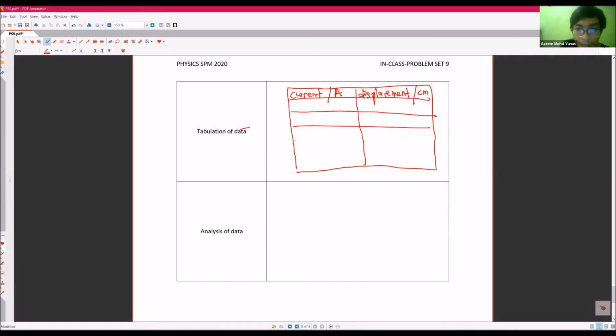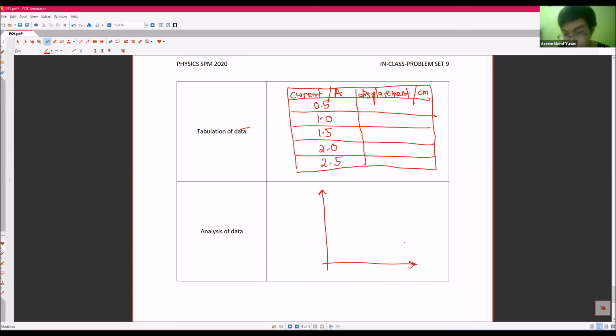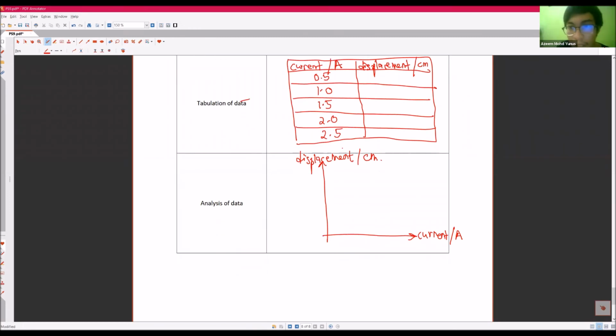So we have 5 data: 0.5, 1.0, 1.5, 2.0, 2.5, minimum 5 data. Next, we draw the axes. Draw them very nicely using a ruler. Make sure that you give the axes titles and correct units. So this is the manipulated variable, the unit is ampere. This is the displacement, the unit is centimeter. Okay, I think that's all for today.